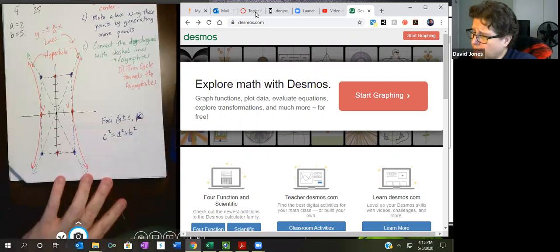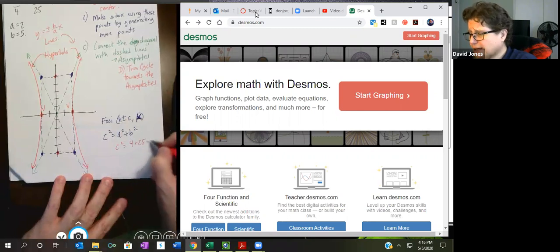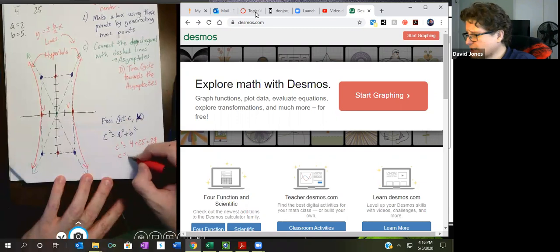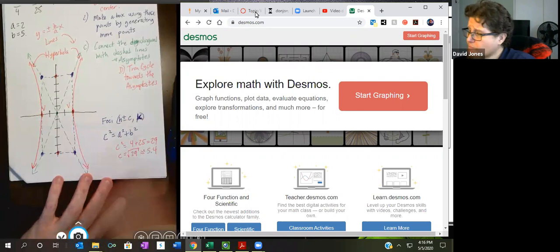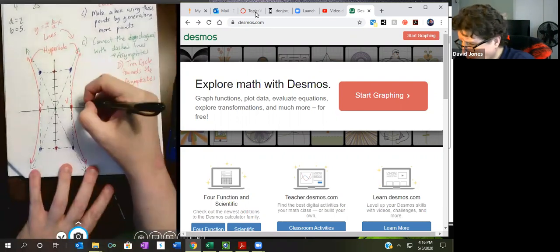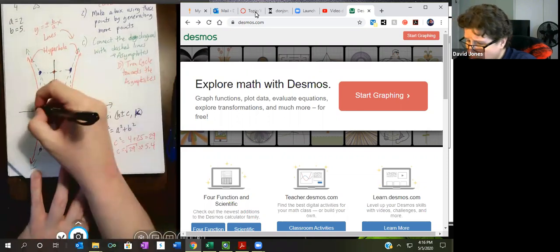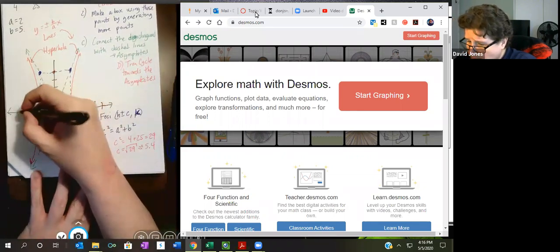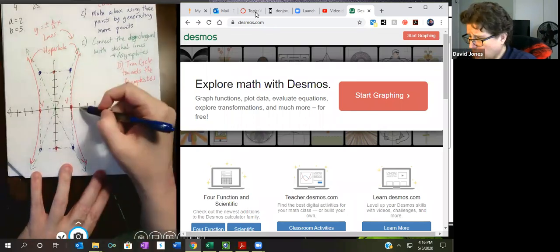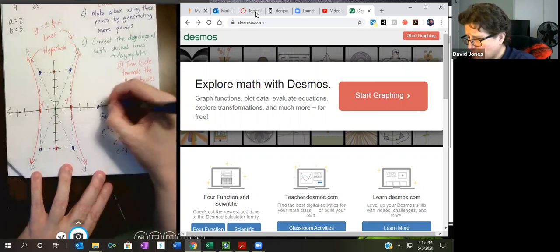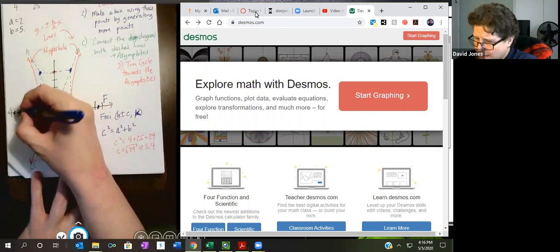So in this problem, C squared is 4 plus 25, which is 29. C is the square root of 29, which is about 5.4. That's a focus point. That's another focus point.